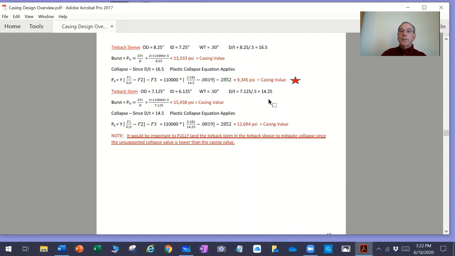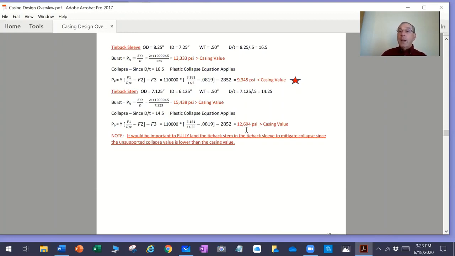And from a practical point, what you would have to manage during execution of this is it would be important to fully land the tieback stem and the tieback sleeve to mitigate collapse, since the unsupported collapse value is lower than the casing value. So when you have pipe in pipe, which is what you call it, when you put the tieback stem inside the tieback sleeve, you get an advantage for collapse by having the pipe in there.